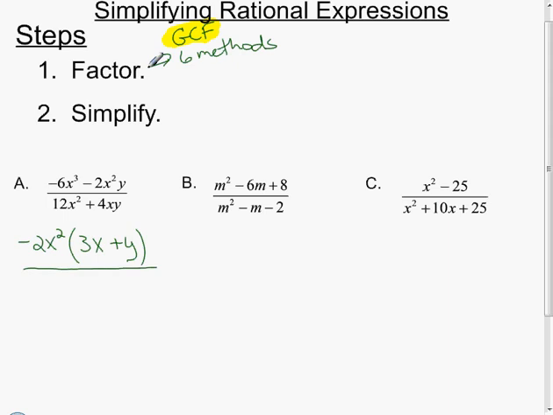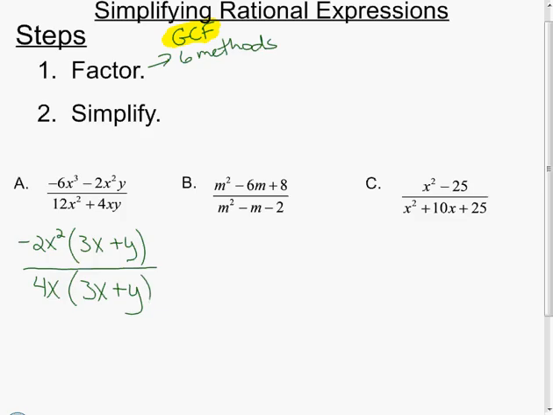Then I'm going to look at my bottom expression and say, well, gee, is there a GCF for 12x squared and 4xy? And there is. And that is going to be 4x. So then I'll divide both terms of the denominator by 4x, and I'm going to get 3x plus y.